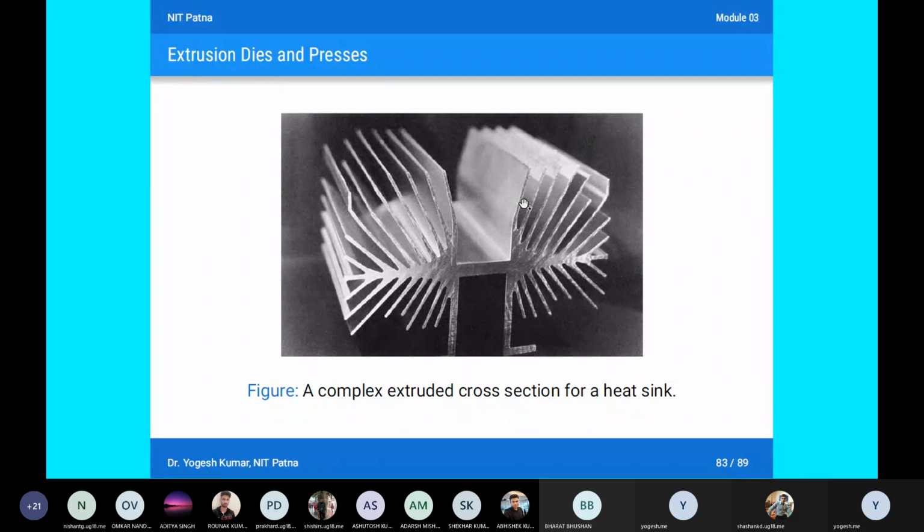This is how multiple types of cross sections can be extruded using extrusion processes. This shows a complex heat sink that has been extruded using direct extrusion.